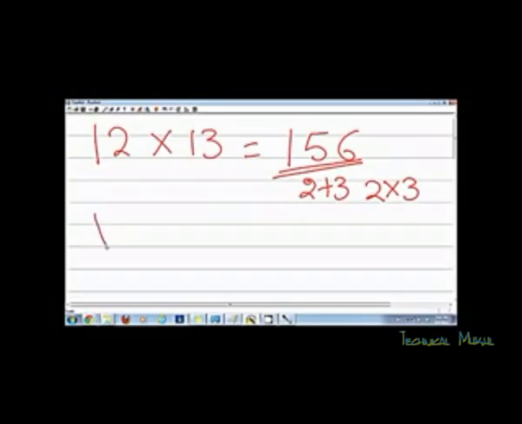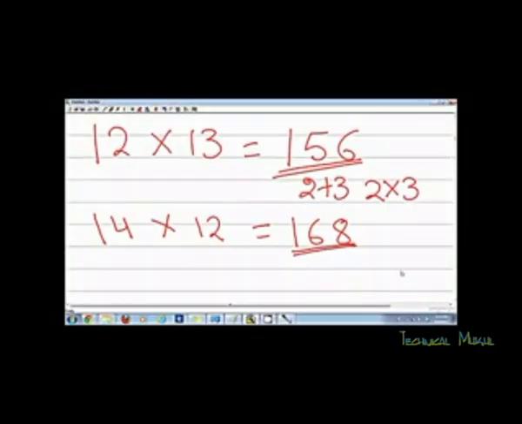Another example is if I have 14 and I want to multiply by 12, then I will say 1, and then 4 plus 2 is 6, and 4 into 2 is 8. So the answer is 168. Now there is one problem: if we multiply the digits and it's not a single digit but a two-digit number, then we have to look at the trick.